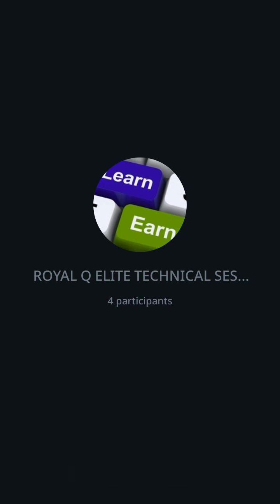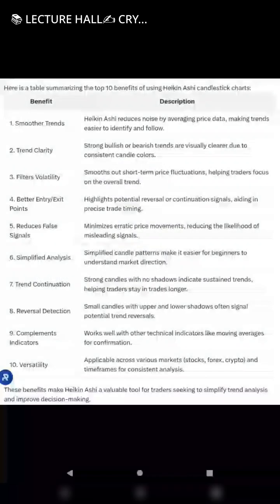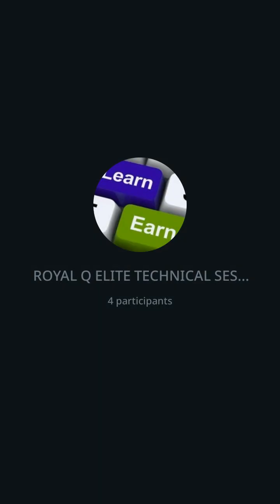So these are the benefits of using the Heikin Ashi candlestick, why we use it, and the description. Just to quickly run through, the first benefit is smoother trends. The Heikin Ashi reduces noise by averaging price data, making trends easier to identify and follow. Number two, trend clarity. The trend is very clear with the screenshot that you just dropped there.